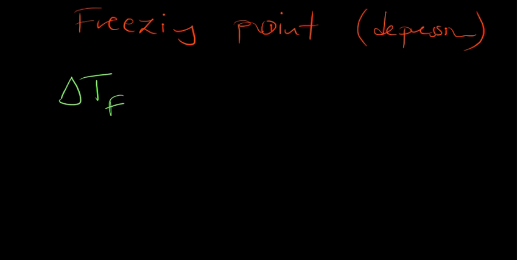So freezing point depression is equal to, it's the same idea, it also has its own constant, and again it's directly proportional to molality m as well. Not much of a difference here. All we are saying is that the freezing point of the solution will be lower than that of the initial solvent.